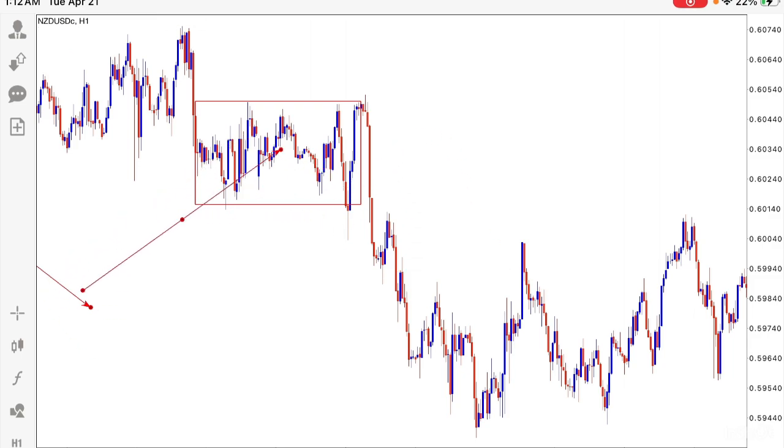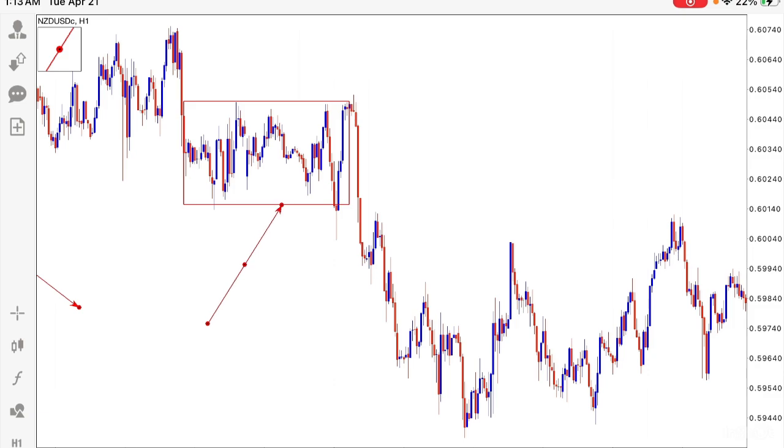Now, in a market like this, it's not advisable to trade in it unless you're an expert and you know what you're doing, you know how to scalp the market, then you can do that. Else, don't do it. Do not do it. When the market is ranging, it's called an indecisive situation.